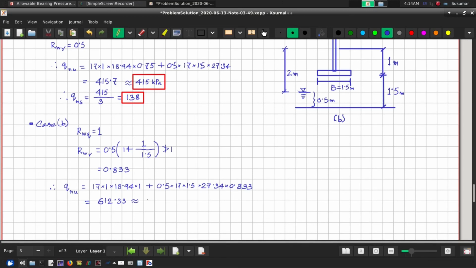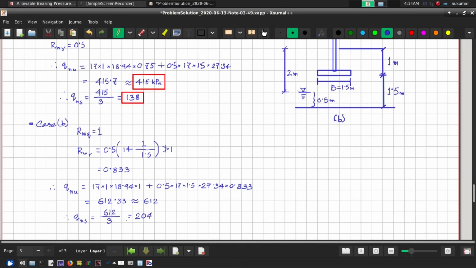Say 612. And therefore my Q net safe bearing capacity QNS will be 612 divided by 3, which is 204.